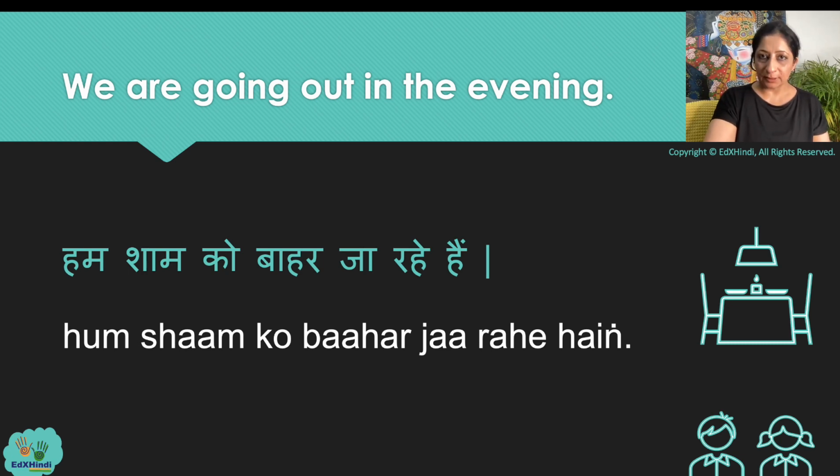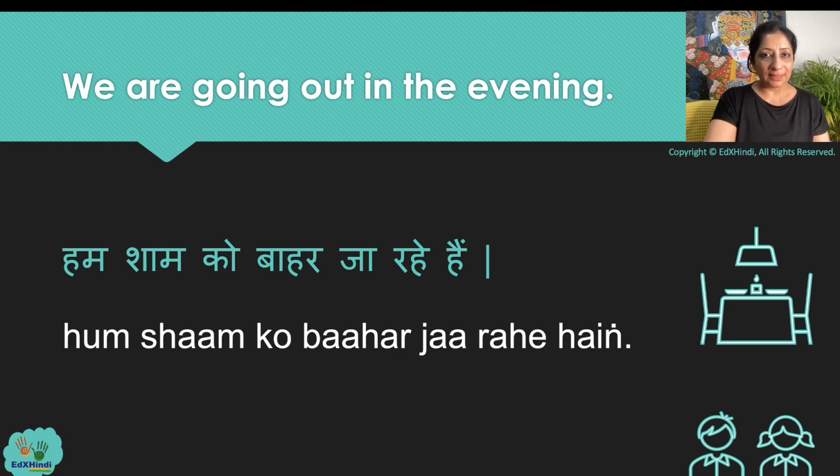हम means we. Sham means evening. Ko means in. Bahar means out. Ja rahe means going. And hai means are. Now here's one point that you should make a note of. In is a preposition in English.